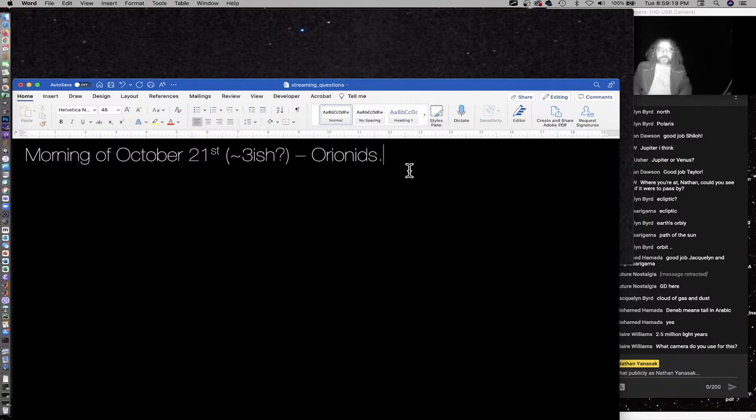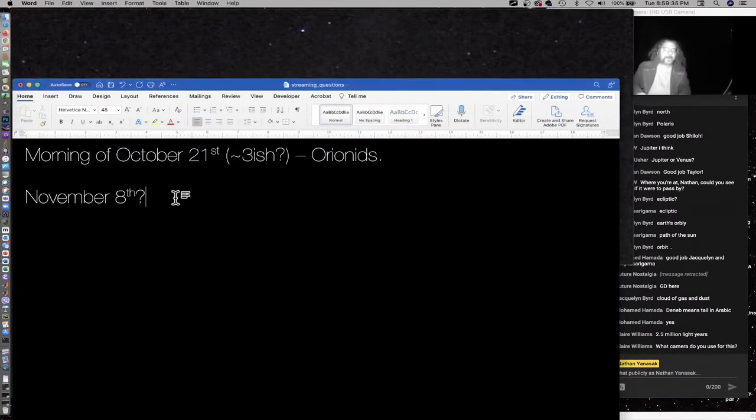And then there's something else. November 8th, right? Election Day. What's happening on November 8th? Does anybody know? Total lunar eclipse. And that's in the morning too.